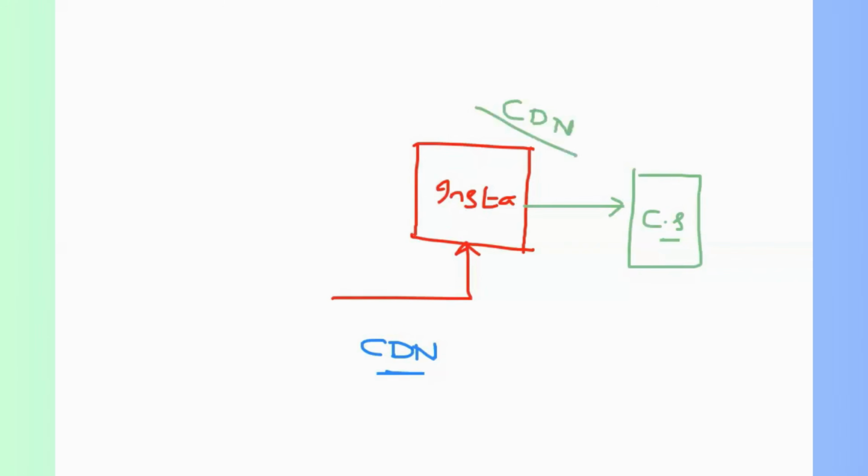What you will tell people from other parts of the world, or anyone who is trying to access this image, is that instead of accessing the Instagram server directly, you will map the CDN to Instagram's DNS, and tell them to access the CDN. CDN is a service, and in AWS, CDN is basically CloudFront.